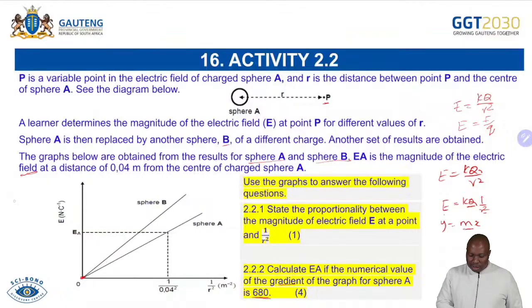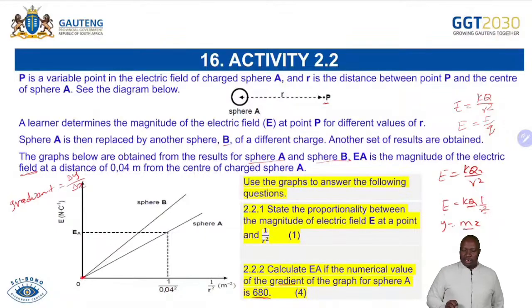How do we calculate gradient? Remember, gradient is change in y over change in x. So I'm giving you a clue there, so that after 3 minutes, when you come back, we're doing the solution, and I hope you will have done this problem correctly. So see you in about 3 minutes.